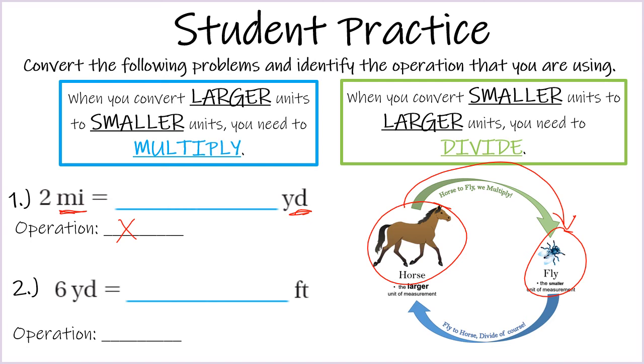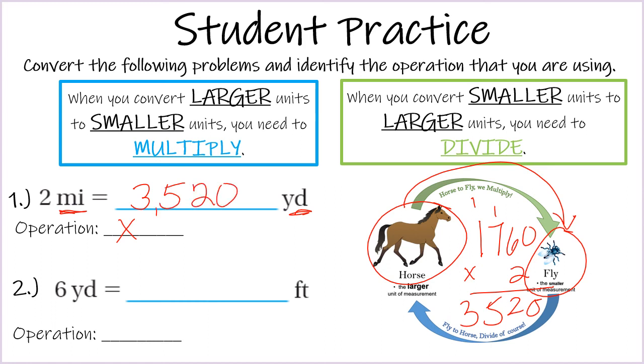Okay, well, if you remember back to the very beginning of our lesson, I told you that there are 1,760 yards in 1 mile. And we're going to multiply that times 2. And when you multiply that times 2, we get 3,520 yards. So there are 3,520 yards in 2 miles.